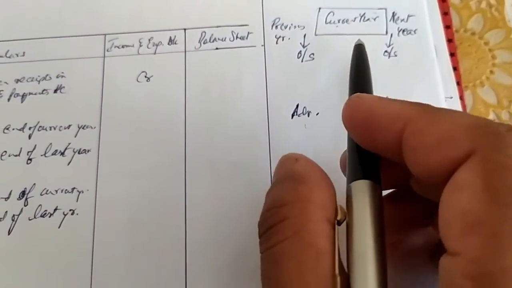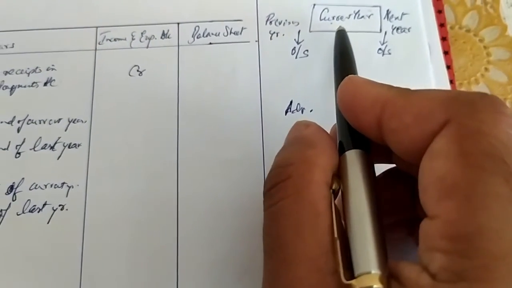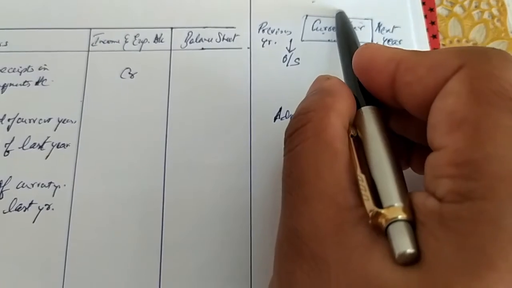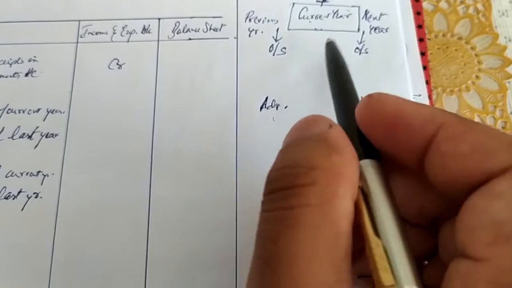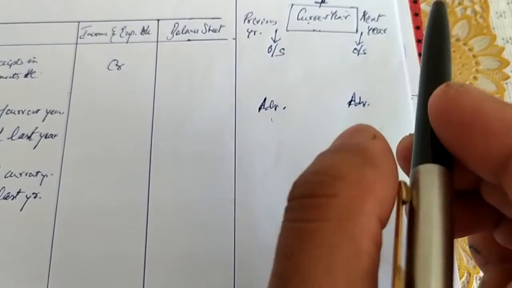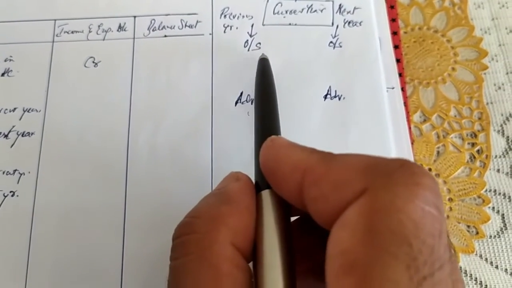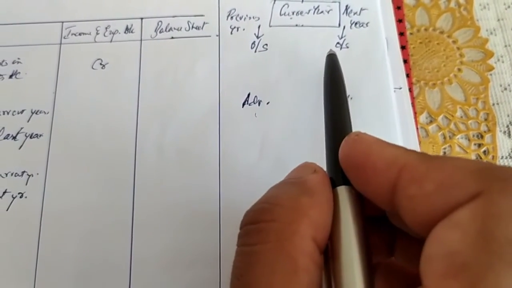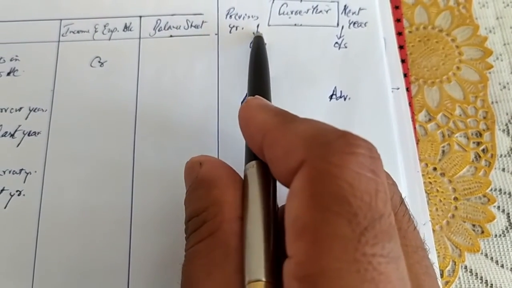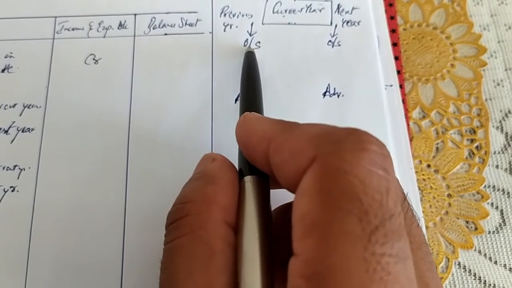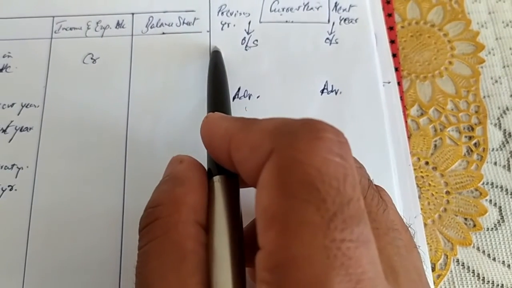Now coming back to this working note, our focus is only on the current year. So whatever belongs to the current year, that only we have to add. Whatever belongs to the previous year or the next year shall not be considered. So when you say outstanding, outstanding means yet to be received. But this outstanding, which is in the beginning of the current year, was outstanding for the previous year.